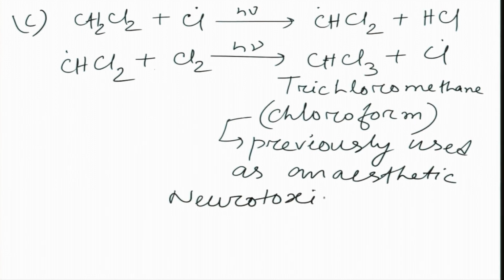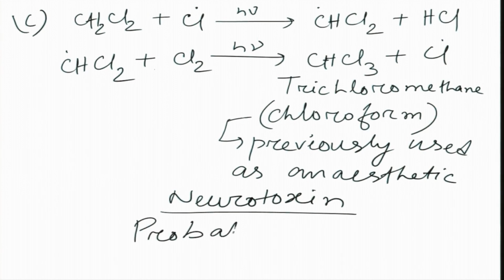That means it causes harm to the nervous system, and it is also a probable carcinogen. What is carcinogen? Carcinogen means cancer causing agents. So, since chloroform was found to be a potential carcinogen and a neurotoxin, now it is not used as anesthetic anymore. So, in the last step, what happens?